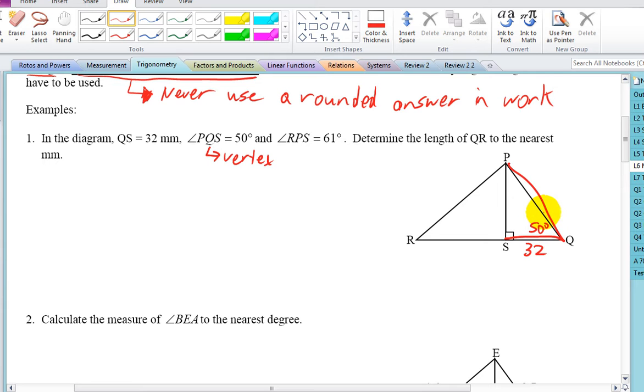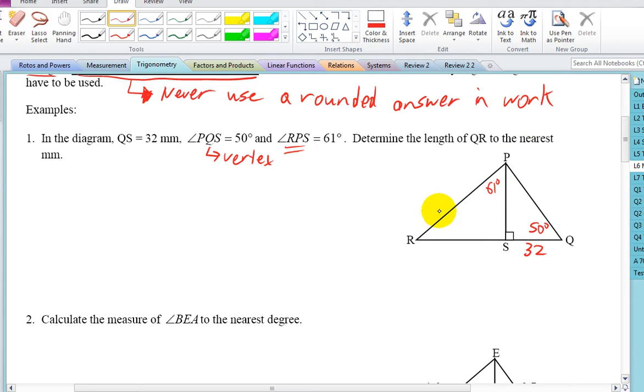Trace the angle on your paper, following the letters, and you'll find what angle they're talking about. Then RPS: start at R, go up to P, go down to S. That would be 61 degrees. So trace the angles, and that'll make you put it in the right spot.